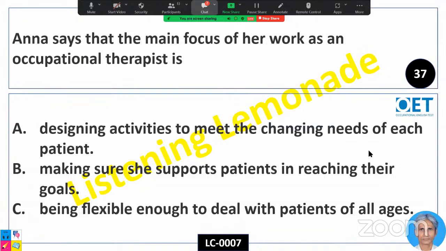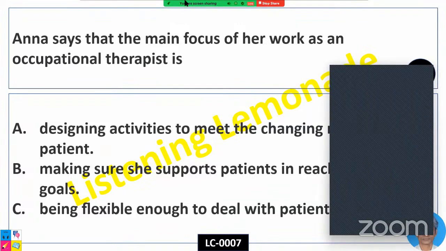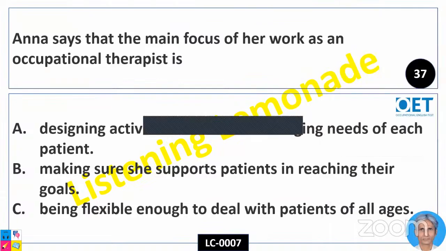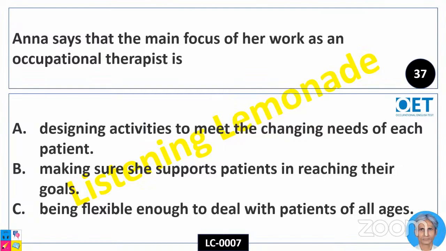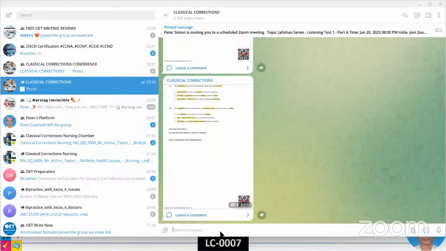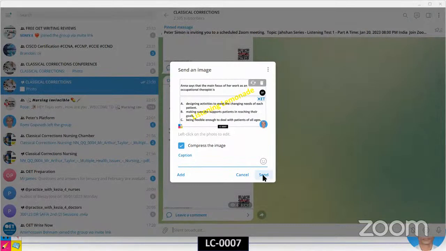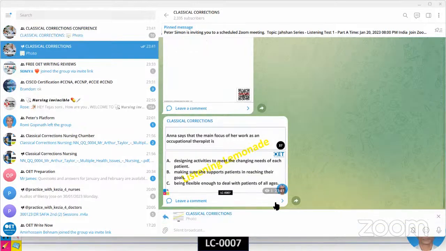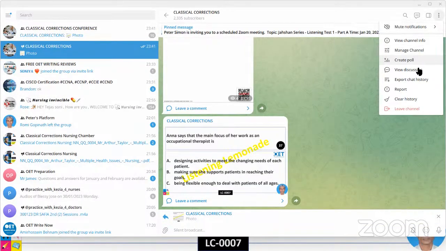Yes, most of them have given B. Okay, now let us check the answer. Now you have got the answer.